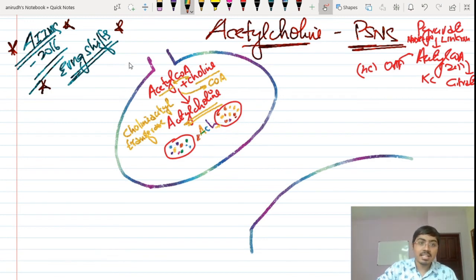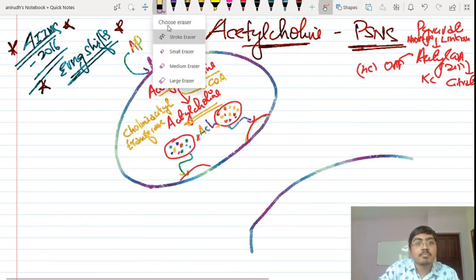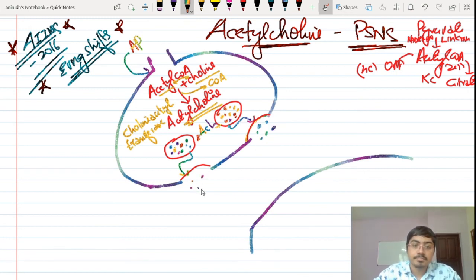Now let us imagine that an impulse, an action potential, is coming in here, and this will fuse with the presynaptic membrane. So then I will remove this particular area like this, and this is also removed like this. That means now this is going to be released over here. This is the parasympathetic nervous system.